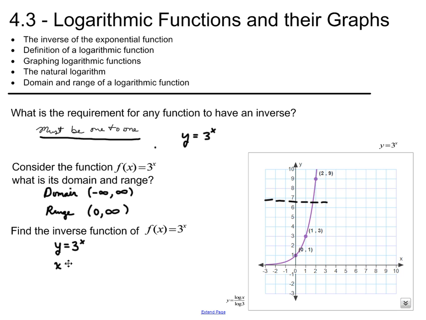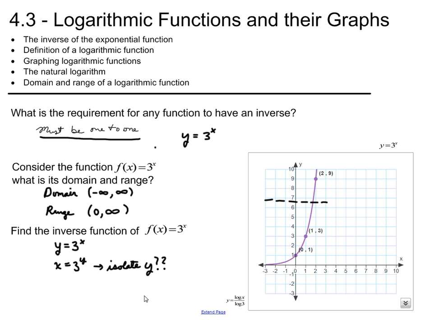So x is equal to 3 to the y, and then we have to somehow isolate y out of this entire equation. Well, that's really the subject of this particular section. What do we do to isolate y? And that is the basics of what we call a logarithmic function.